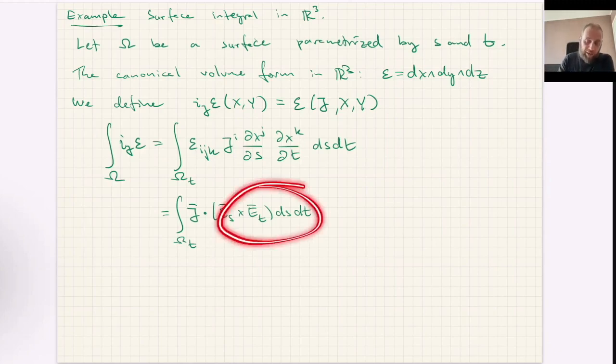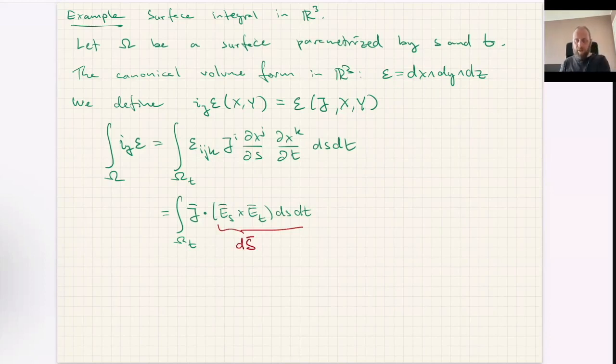And this you now recognize as a surface element. We discussed it in the beginning when we started discussing these integrations. So indeed, this is just the flux integral of J through the surface Omega.